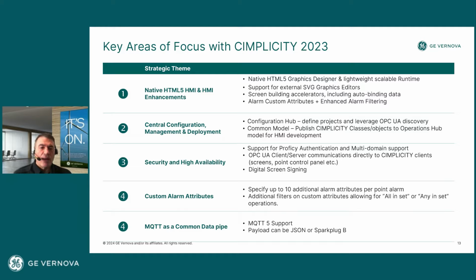One of the things we did there is make sure that if you leverage the modeling within Simplicity, the classes and objects I was mentioning earlier, you can integrate with the Operations Hub environment through that model, so that you don't have to recreate it. It's just automated for you. So it really helps speed up development and organization of your data as well.